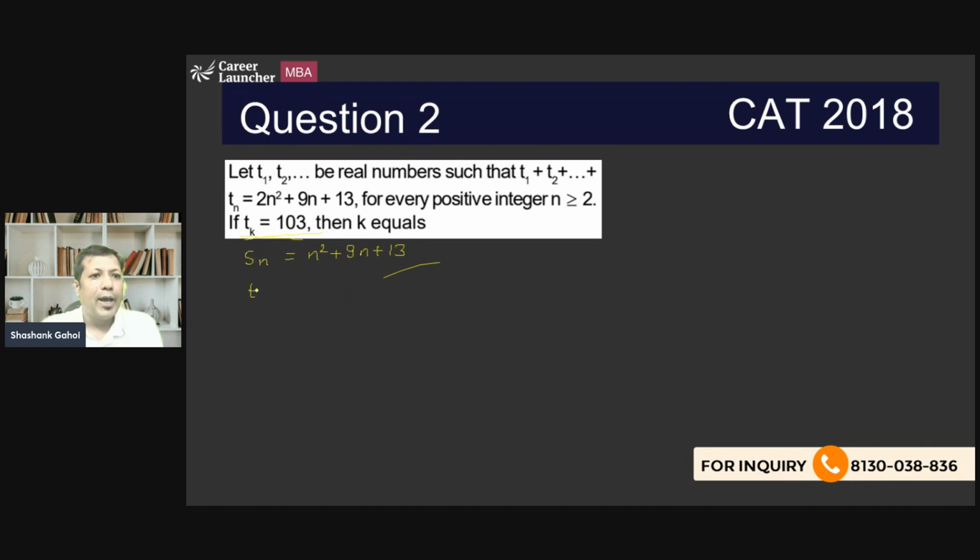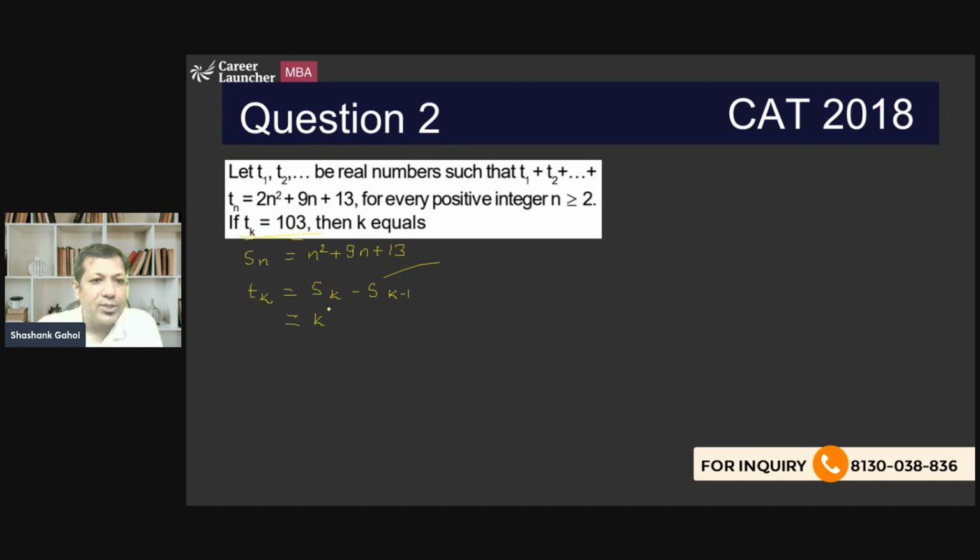Okay. So I have already shown you that Tk is always equal to Sk minus Sk minus 1, right? We have already discussed this in the second session of progression, I think, in the geometric progression topic. So always remember that the nth term is always equal to the sum of n terms minus the sum of n minus 1 terms, right? So what is Sk?